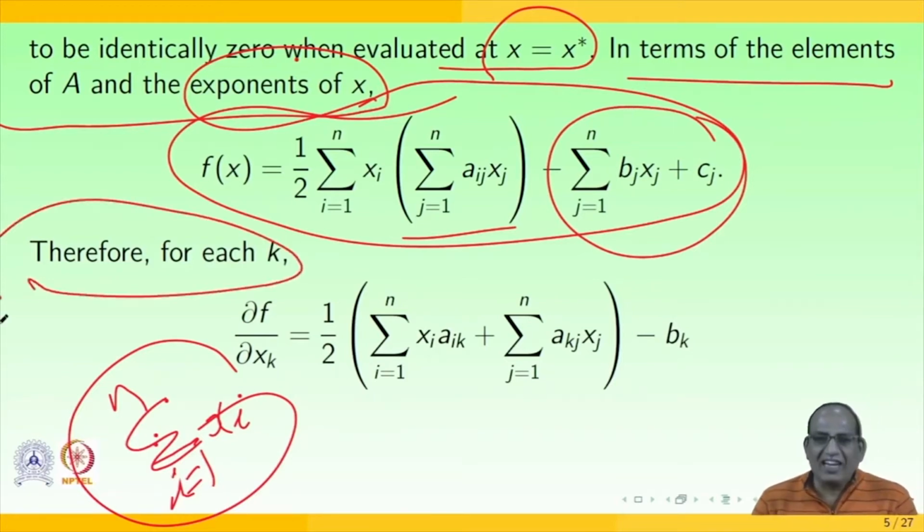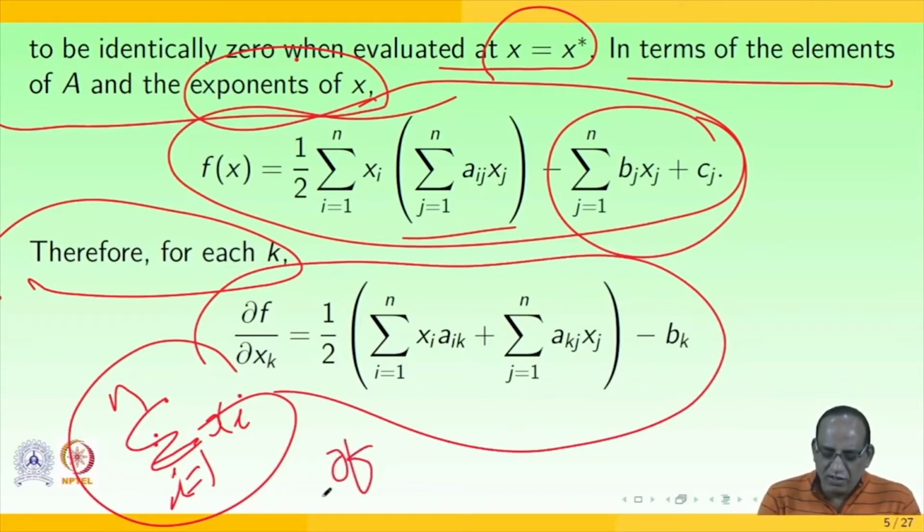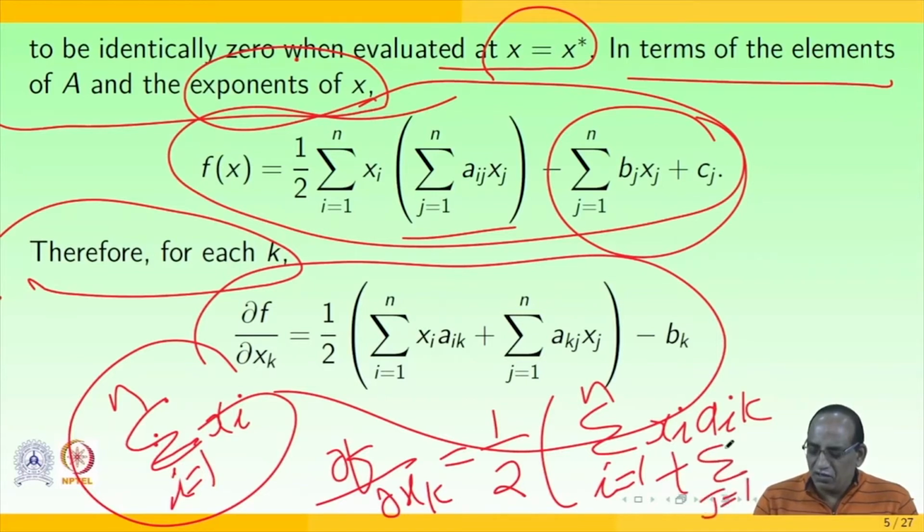Therefore, for each k you will have the equation df upon dx k equal to 1 over 2 times the summation i equal to 1 to n x i a ik plus the summation j equal to 1 to n a kj times x j, minus b k.